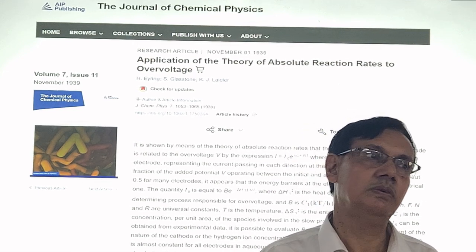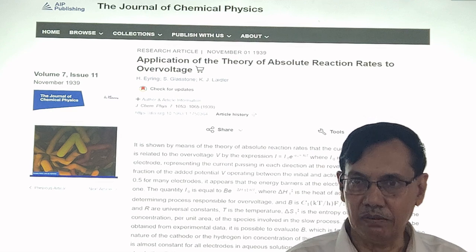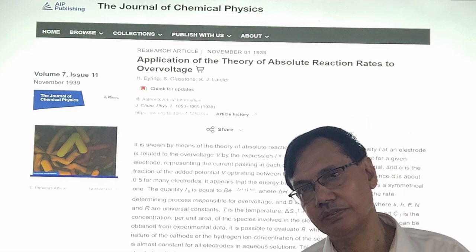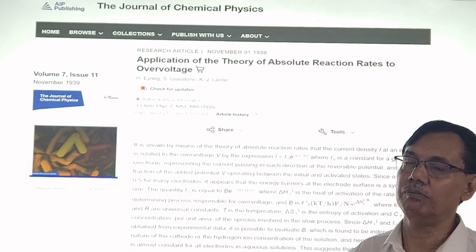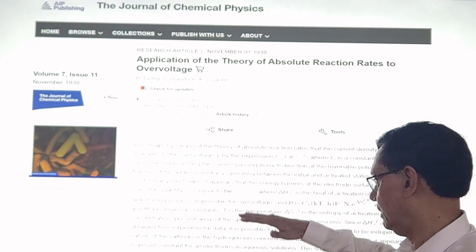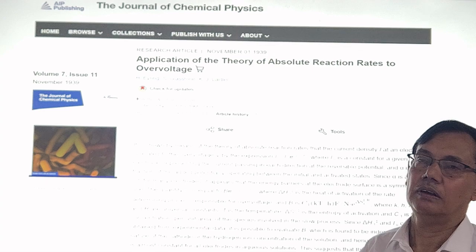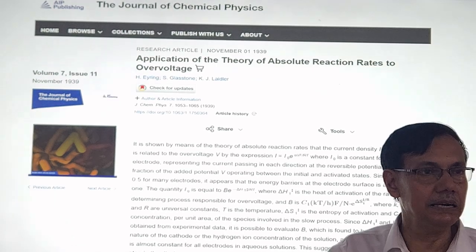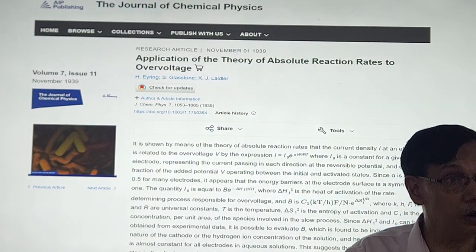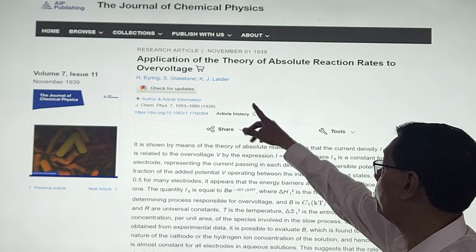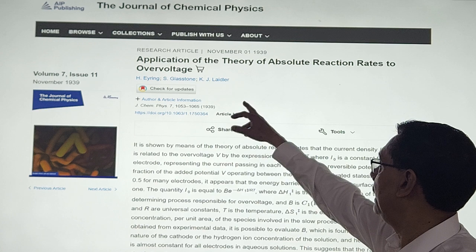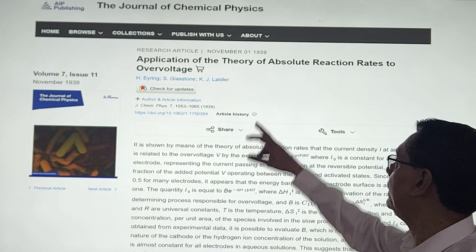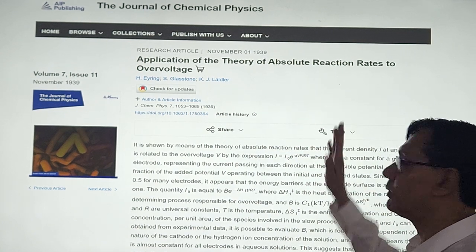You all know. Different thermodynamic parameters can be determined. Then Eyring and Ledler published research papers regarding this activation energy and the free energy of activation, entropy, enthalpy. In 1941, Ledler and Eyring published the application of the theory of absolute reaction rate.